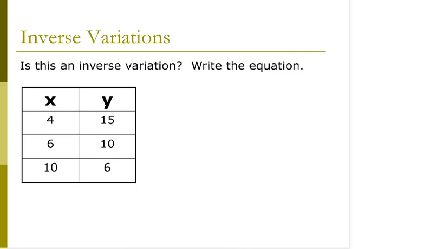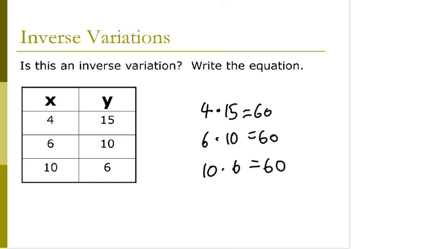So if we take our x values and multiply by our y values, we end up with the same number, which is 60. So this is the equation of our inverse variation. This is an inverse variation because each pair of x and y, when we multiply them, we end up with a constant.